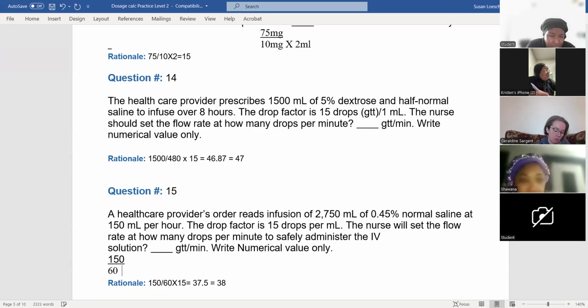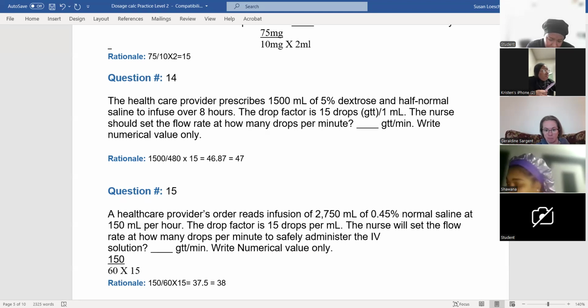Times your drop factor here, which is 15. You should get that answer.